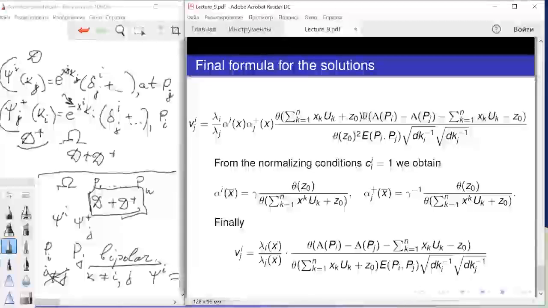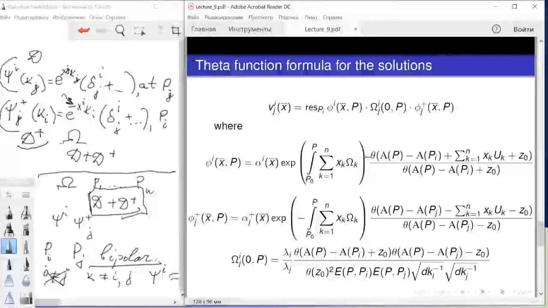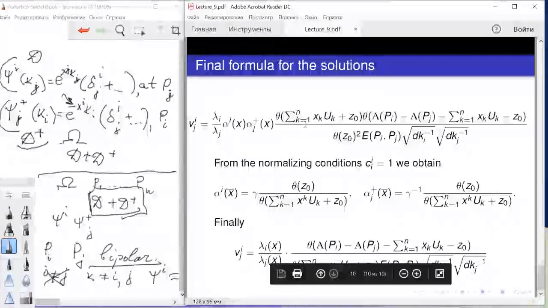For example, the second theta factor comes from psi cross, and the first theta factor comes from psi I. When we let p equal to pi, these two summands just disappear, and we have in the remainder only this sum, which is written here.